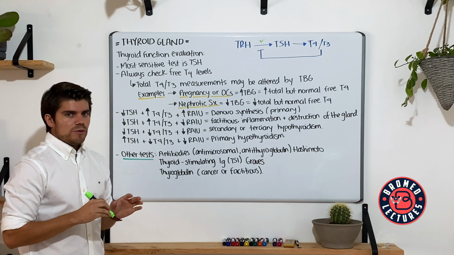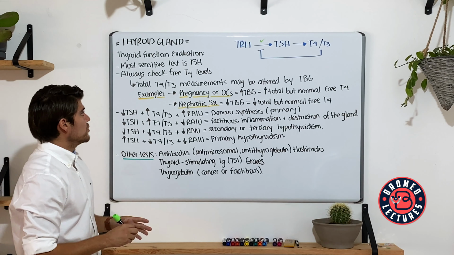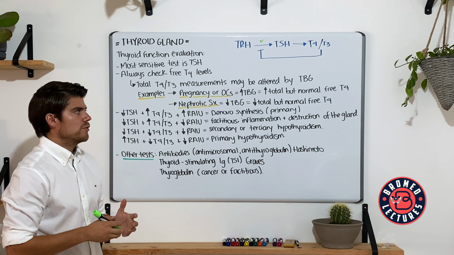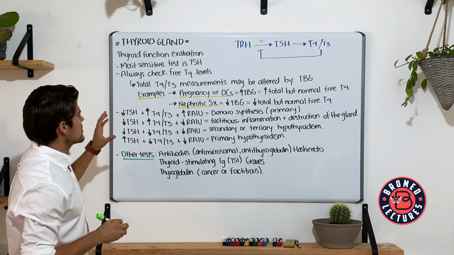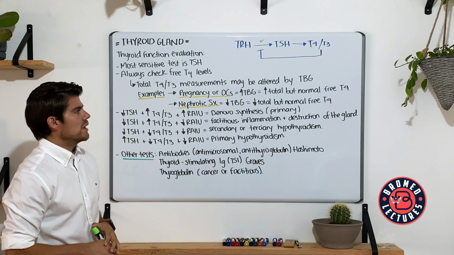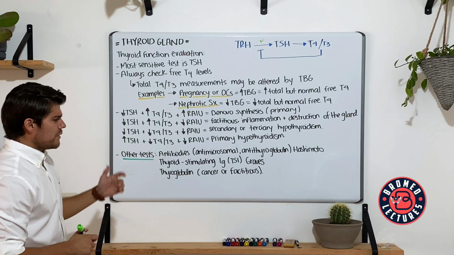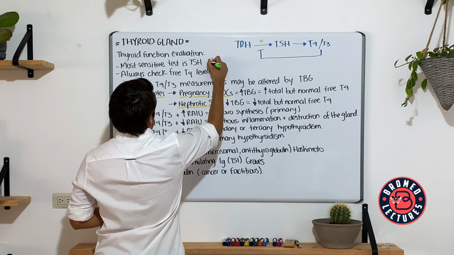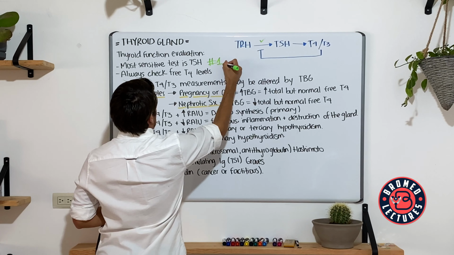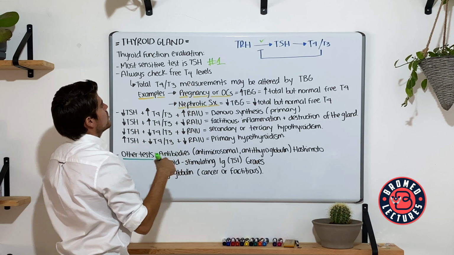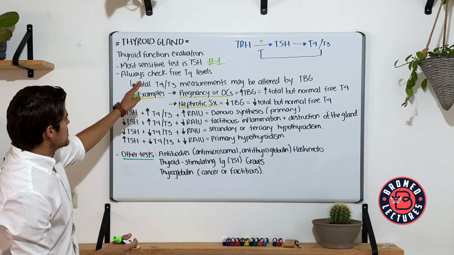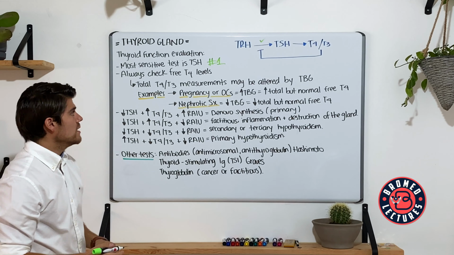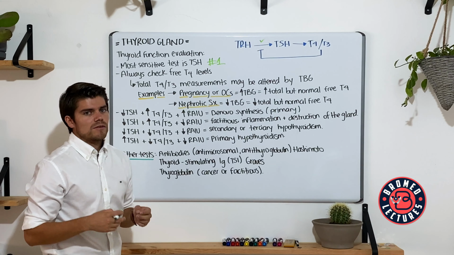And so let's review this as a matter of rules that you need to follow when you're seeing someone's thyroid function tests. Rule number 1 is this one: always have a TSH to review these tests. This is the most sensitive test, this is your screening test, and this is the one telling you where the diagnosis is leading.